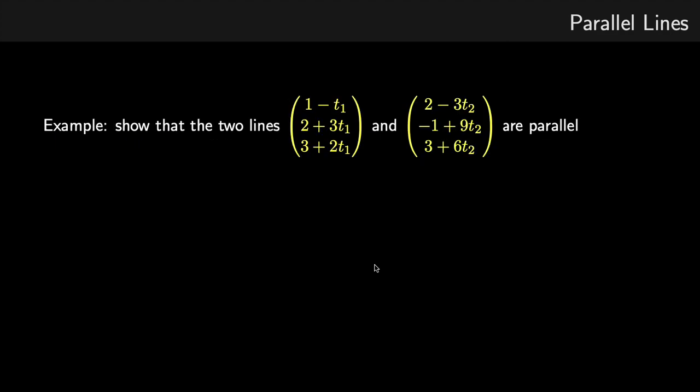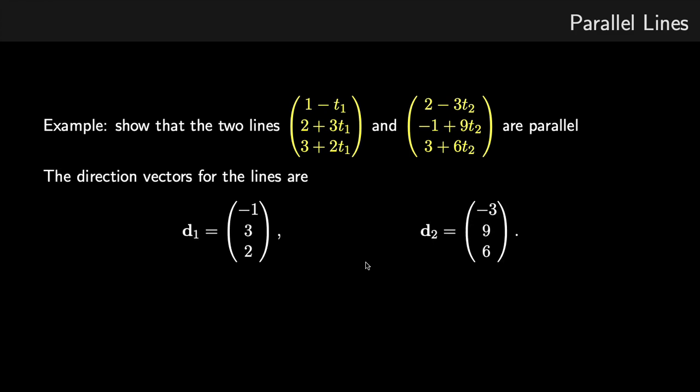So here's an example. I'm going to show that these two lines are parallel. What I'm interested in here is their direction vectors. If we look at the coefficients of the parameter t1, we have negative 1, 3 and 2. So the direction vector of my first line is (-1, 3, 2). Doing similar for the second line, we have negative 3, 9 and 6.